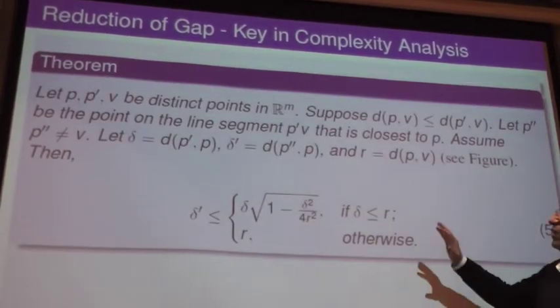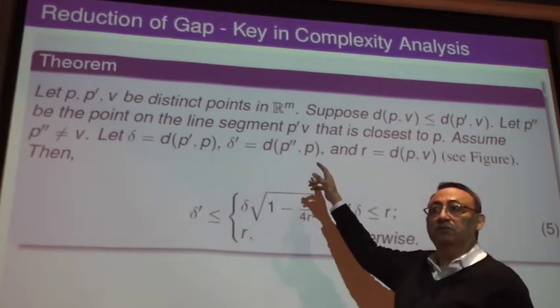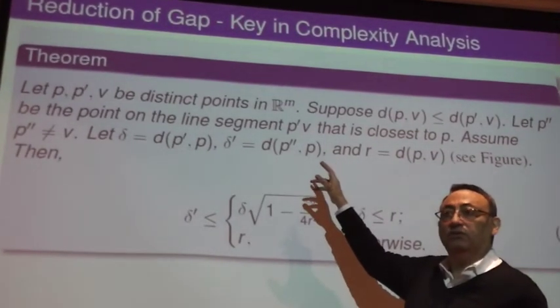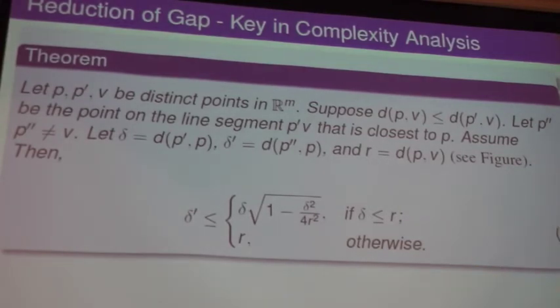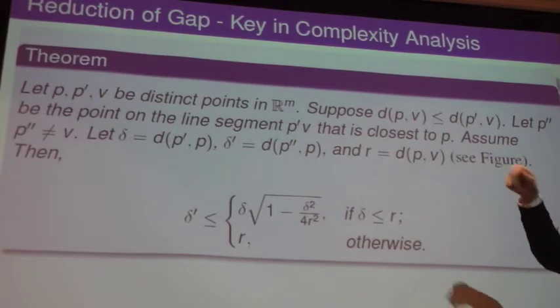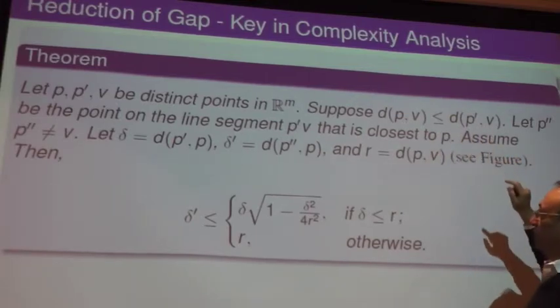Okay, so reduction of the gap. I don't have time to spend too much on the proof, but this is one of the key theorems in the analysis of the complexity and the performance of the algorithm, which says that if you pick 3 points, P prime, which was the iterate, and V, that was like the pivot point, this inequality is satisfied.